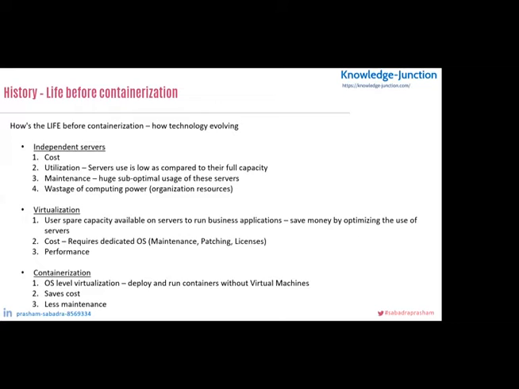But even though my application did not require a specific size of hardware, I needed to have it, so it requires cost. Servers are used at low capacity compared to their full capacity. Then we have maintenance, and so basically we are wasting the organization's resources, our computing power.